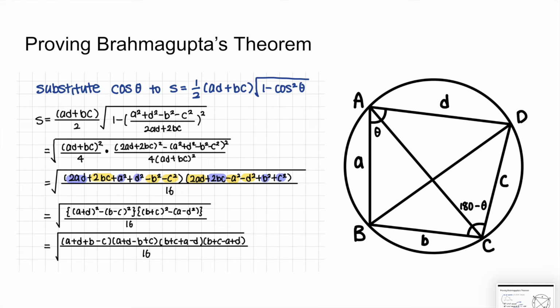Then we can see that (AD plus BC) squared will cancel out, and we are left with the following equation shown below. Then, as you can see, the color-coded parts can be simplified into an even simpler form, which results in (AD plus BC) squared minus (B minus C) squared, times (B plus C) squared minus (A minus D) squared.